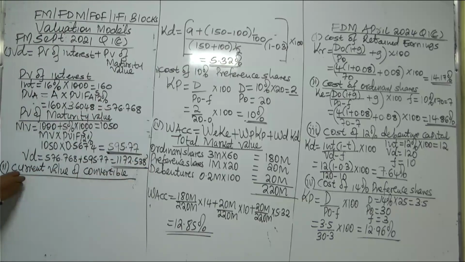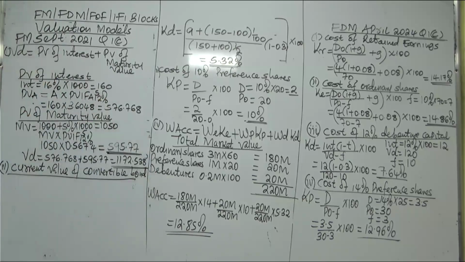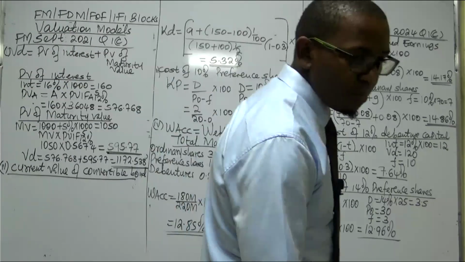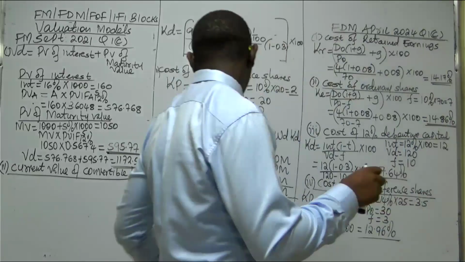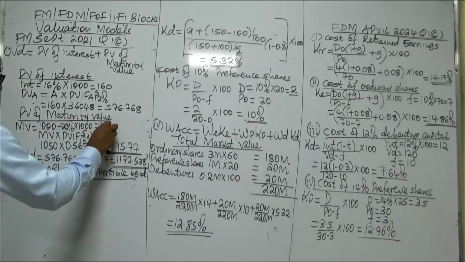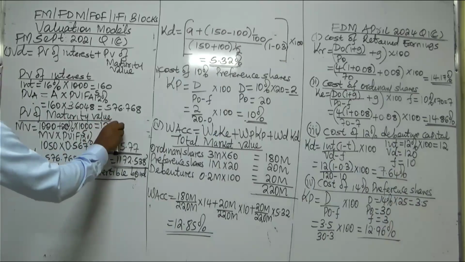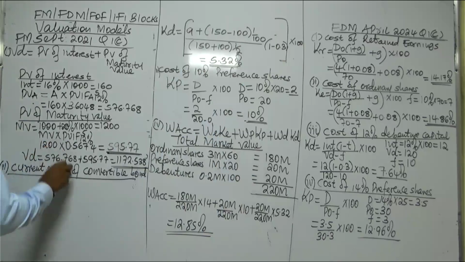On the convertible bond here, the value will still be the same. Present value of interest, you have the present value of maturity value. Oh, this was a 20% premium, not 5%. So it should be 20%. Yeah, it is a 20% premium. So you may not create your own question like I'm doing.